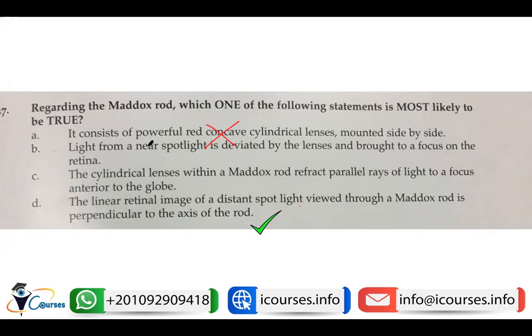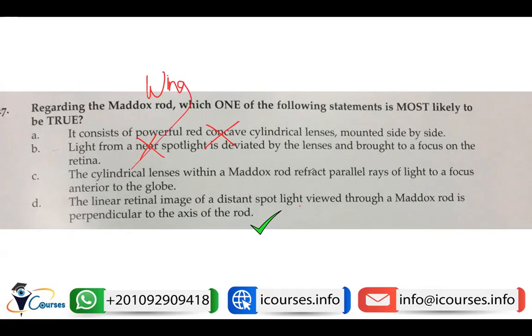Light from the far spotlight is deviated by the lenses in the case of the Maddox rod. So the Maddox rod is used for far light or far objects. On the other hand, the Maddox wing is the one used for near objects.